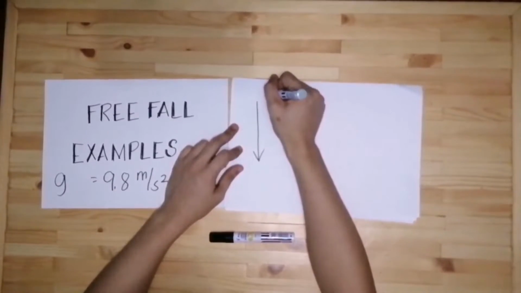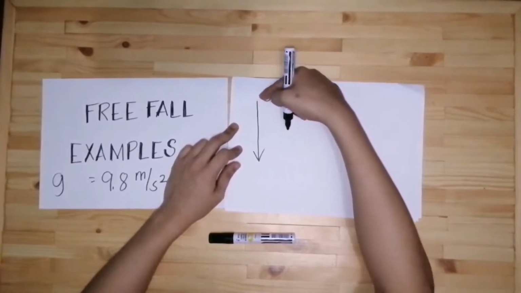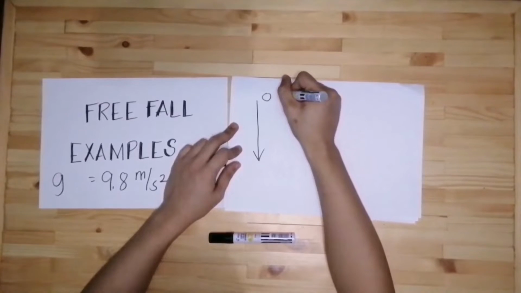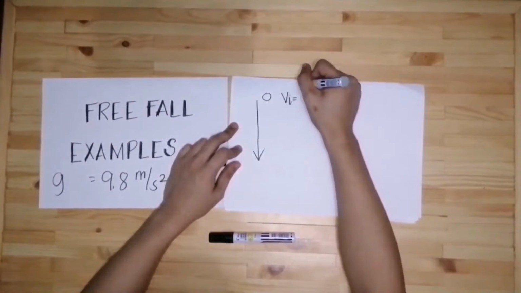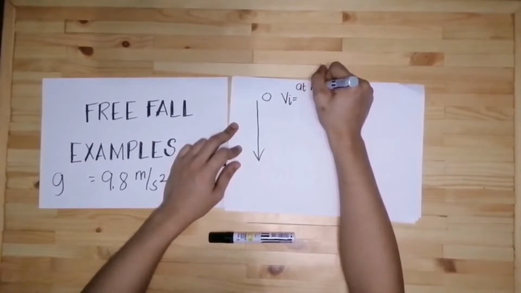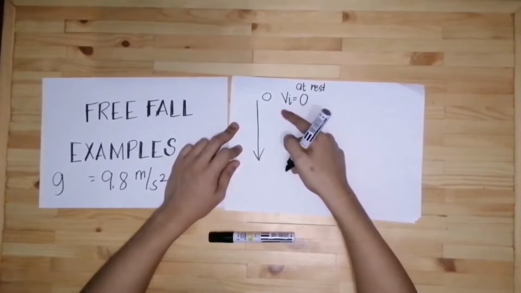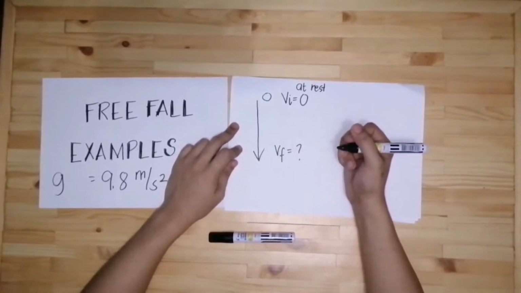The object comes from here, then falls down here. When the direction is downward, class, the VI, when it is said to be at rest, is 0. Then we need to compute for the final velocity.